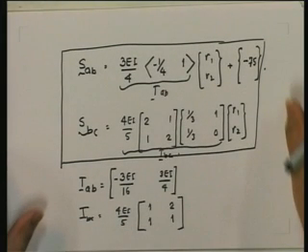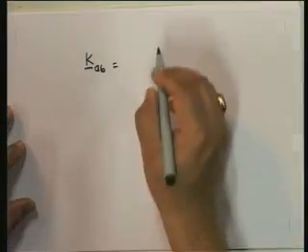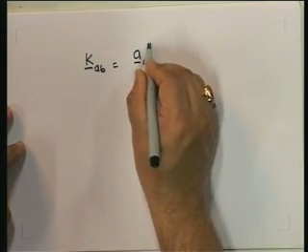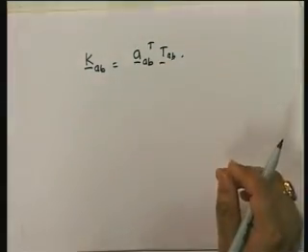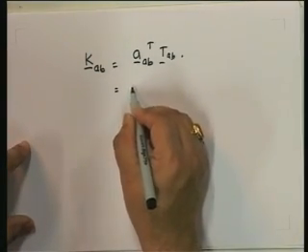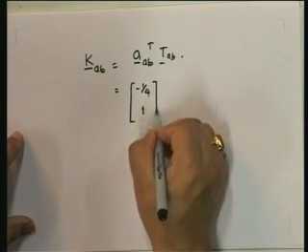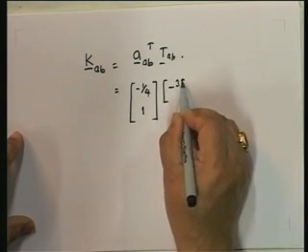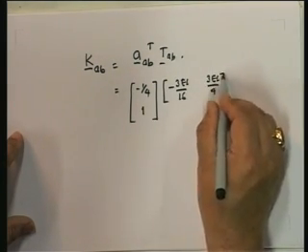Once we have that, we can find out KAB as essentially AAB transpose into TAB, and similarly KBC. What is AAB transpose? It is 1 upon 4, 1, and TAB is minus 3EI by 16, 3EI by 4.